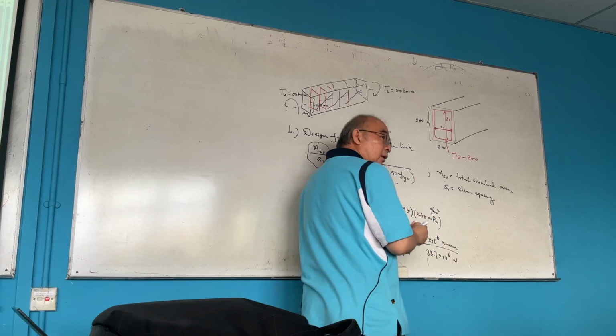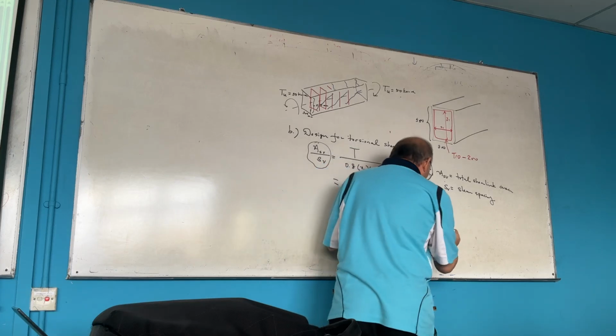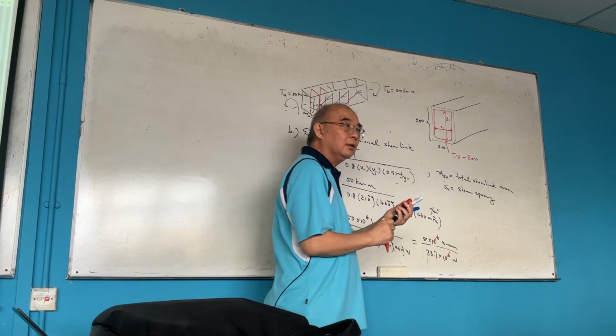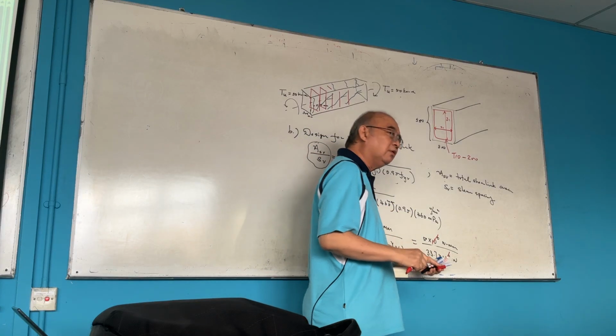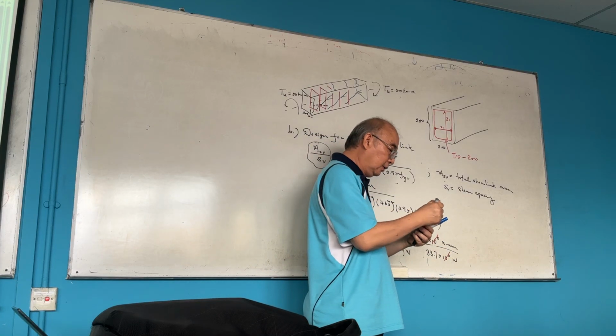Then this thing cancels out, and what you have is 50 divided by 33.7.